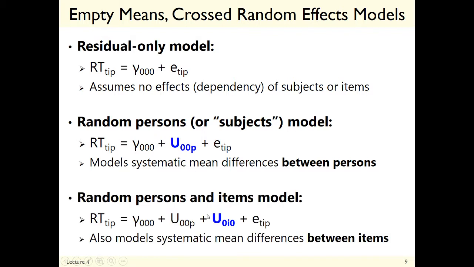And I add to it another random intercept for items this time. This allows an additional correlation of trials from the same items, and it allows some items to be responded to faster on average. So it is a 2-level model with two different kinds of level 2 units, which are crossed random effects.